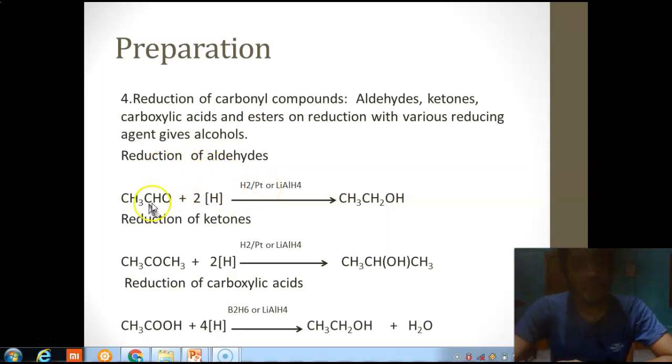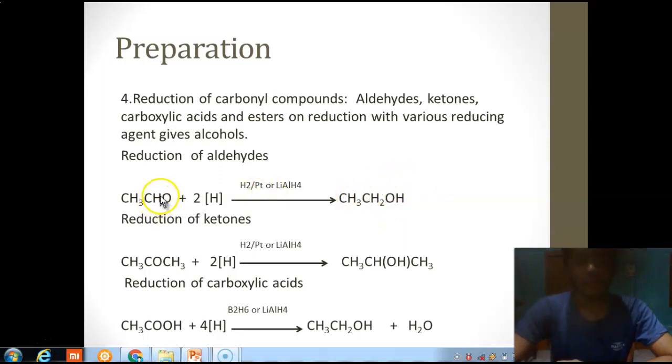So reduction of aldehyde. This is an aldehyde, containing the CHO group, a C double bond O bond. Upon reduction, 2H from the reducing agent, which will supply the nascent hydrogen, will give the OH, that is alcohol.